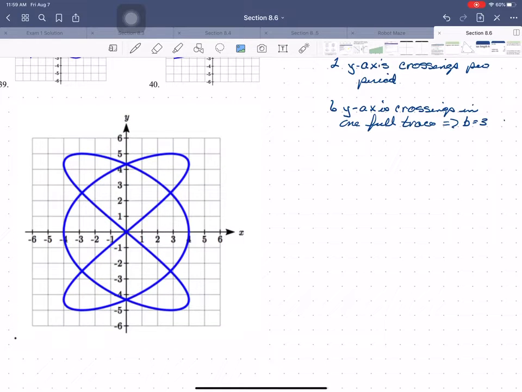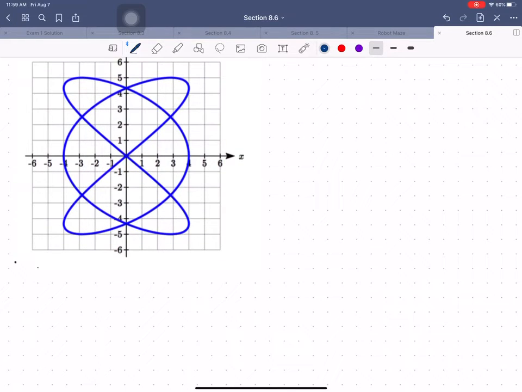So this is the internal multiplier. This is the adjustment to the period that we would need. So, okay. We know that x is equal to something times the cosine of something times t. And y is equal to something times the sine of something times t.